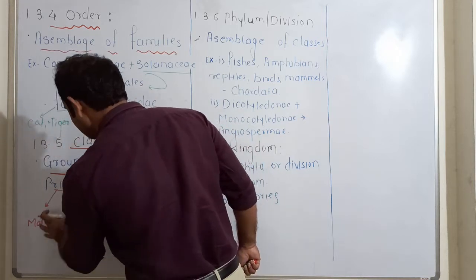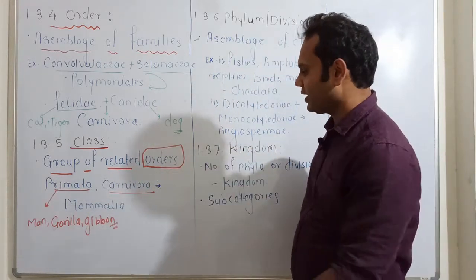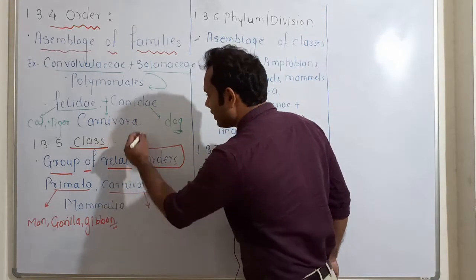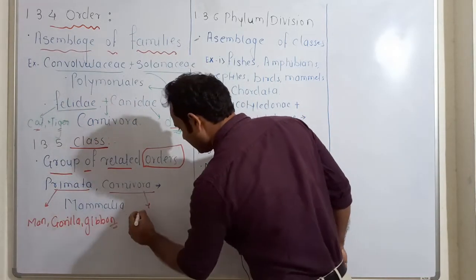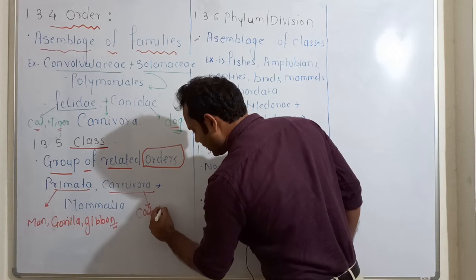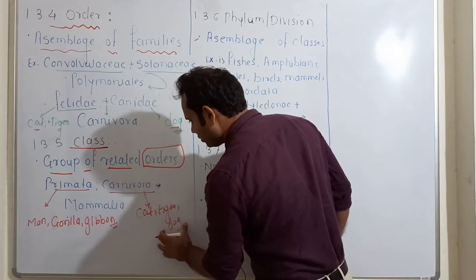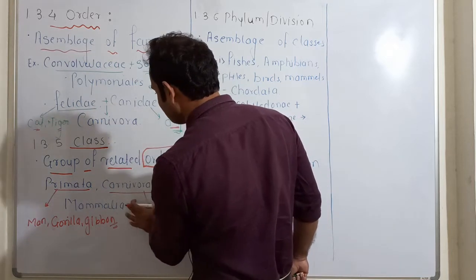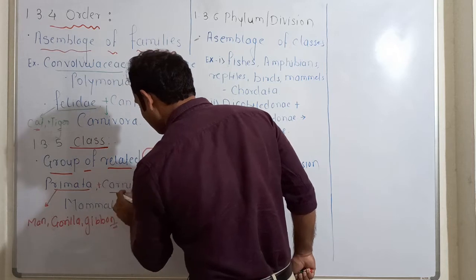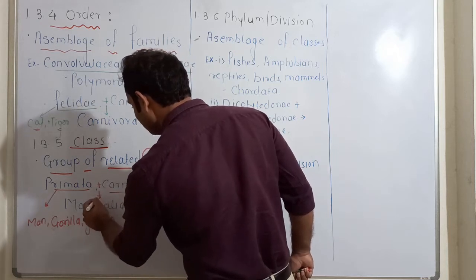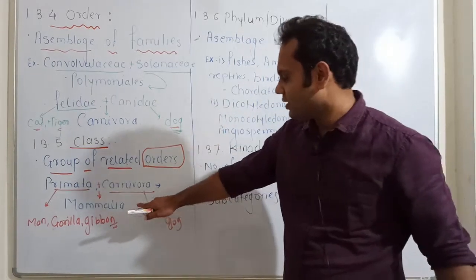All these organisms are grouped in the order Primata, whereas Carnivora, we have seen, contains cat, tiger, and dog. So these two orders, Primata and Carnivora, are grouped in one class, that is the Mammalia.